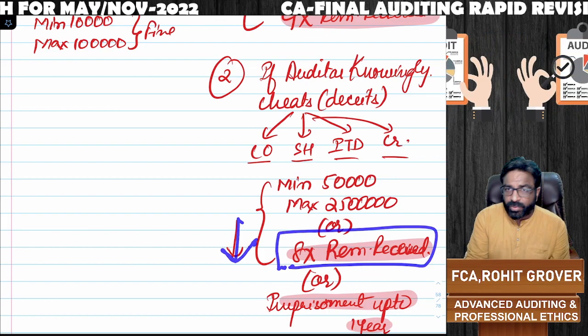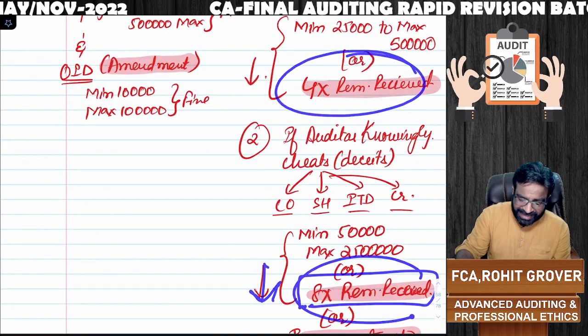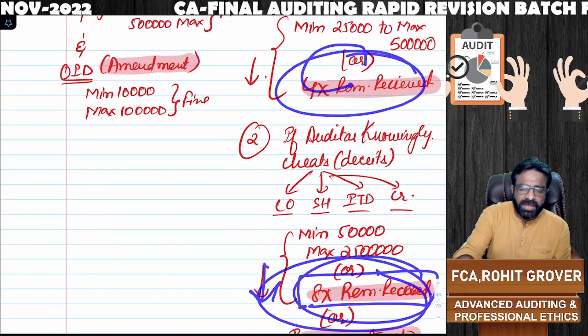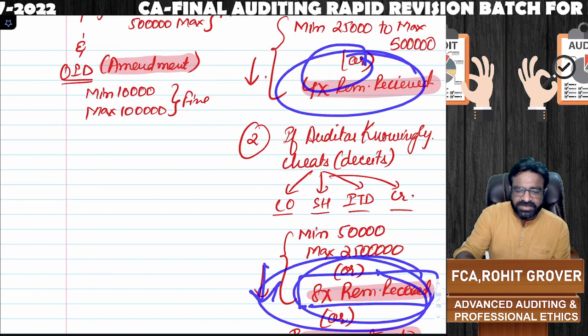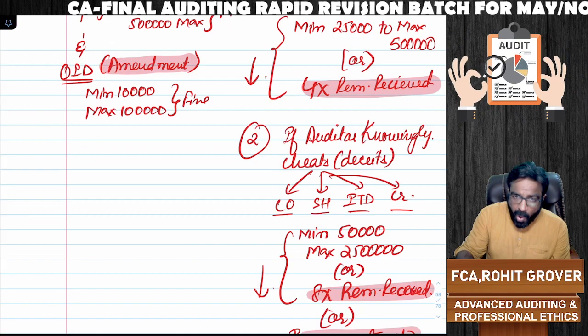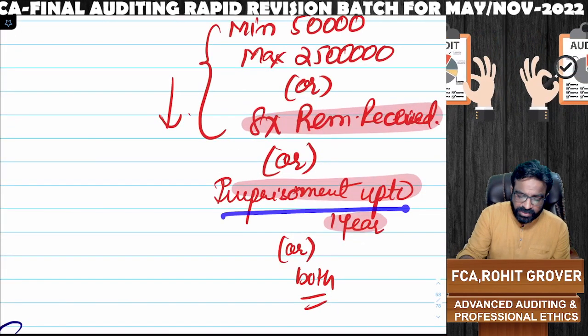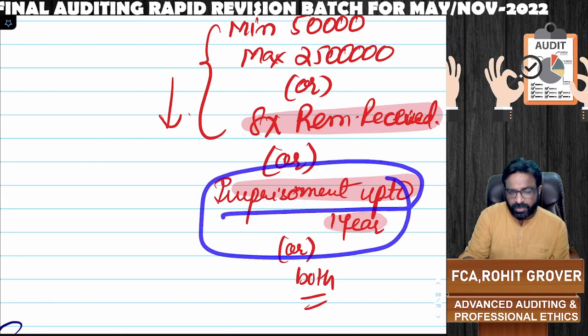Correct or not? So here it is 4 times the remuneration received, and here it is 8 times the remuneration received. There the fine was 25,000 to 5 lakhs. Here the fine is 50,000 to 25 lakhs. Or here you are cheating, therefore you may be sent to imprisonment up to 1 year or both.